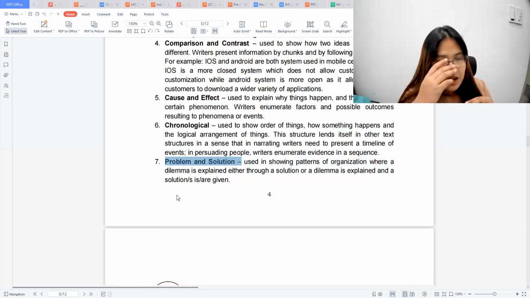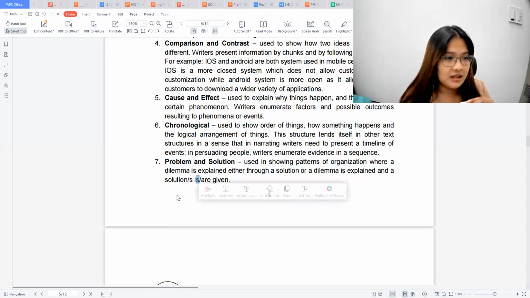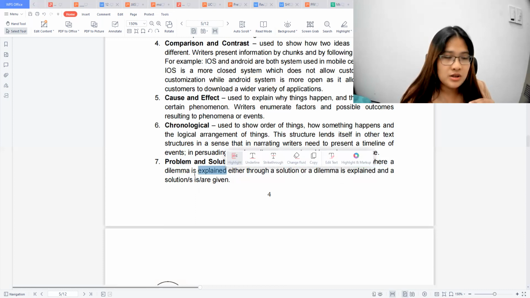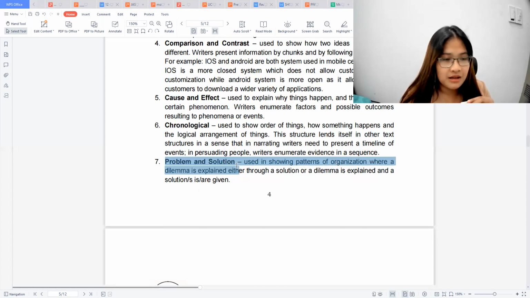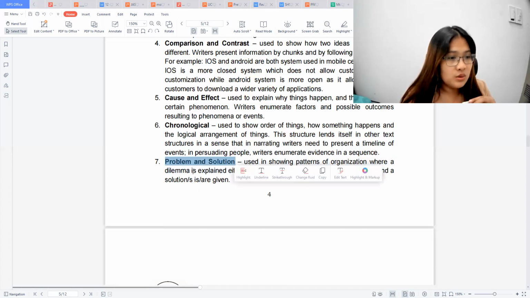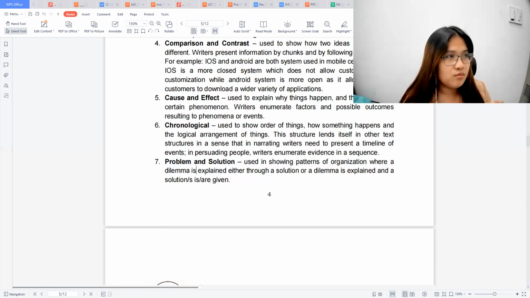For example, usually nababasa natin, the problem is you gained weight during the pandemic and you want to lose it. By the way, we respect people's preferences in terms of their body, but in case you want to lose weight, the intense weight gain can be a problem.